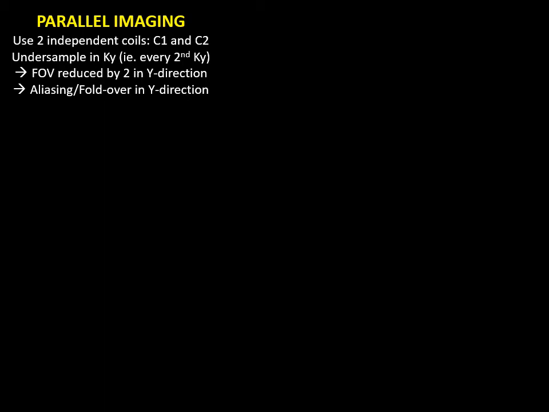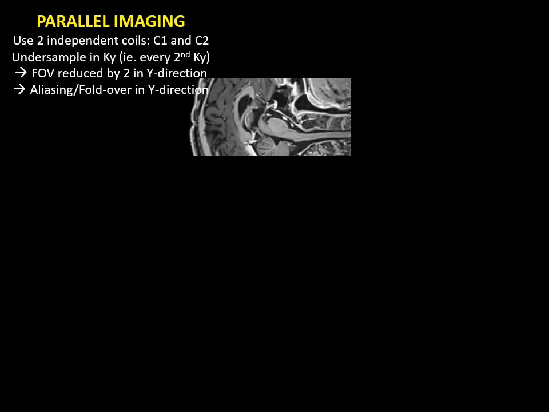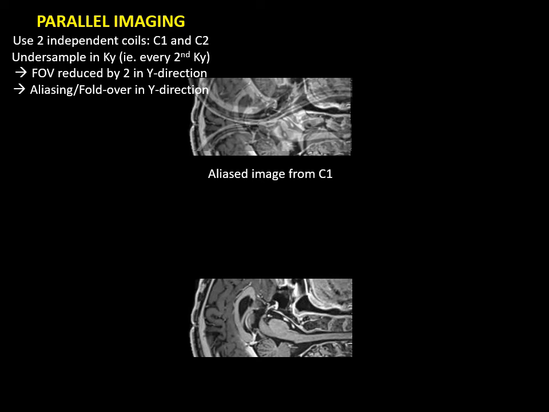This is going to reduce the field of view by 2 in the Y direction, and we'll get aliasing and fold over in the Y direction. So there's the reduced field of view. That's the aliasing that we get from one coil. This is the field of view from the second coil. That's the aliasing that we get from the second coil.